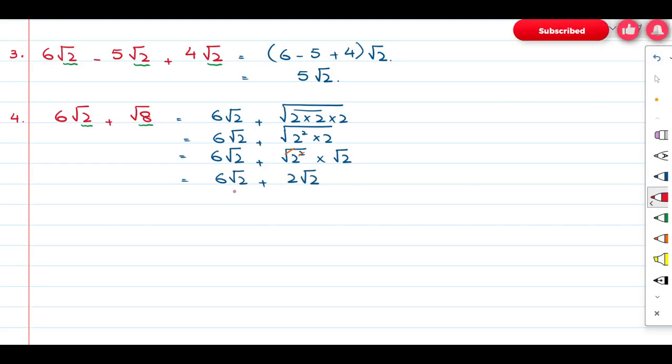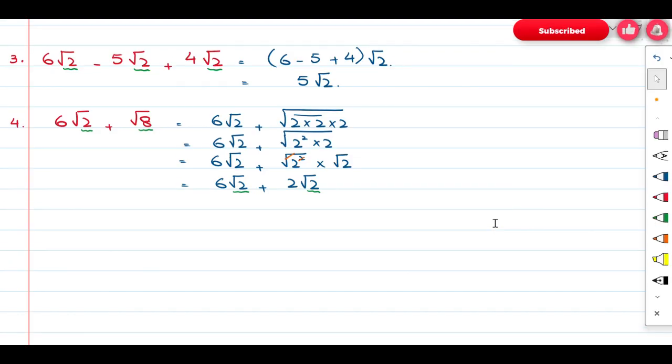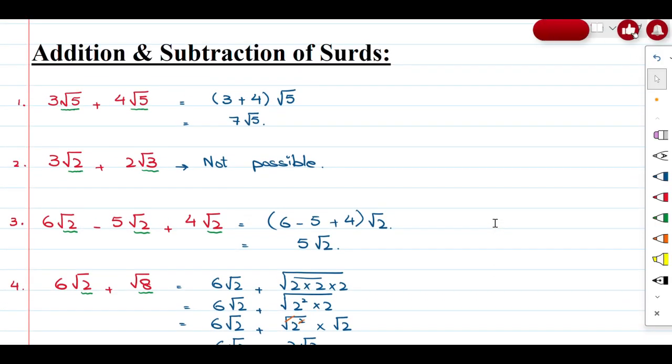Now you can see we decomposed this 8 into 2 root 2. Both the roots are the same. We have the same number under that root symbol. So we must have the same number under the root symbol, then the simplification of surds is possible. Otherwise, the simplification is not possible. In the earlier example we cannot make it the same because 2 and 3 are both prime numbers.